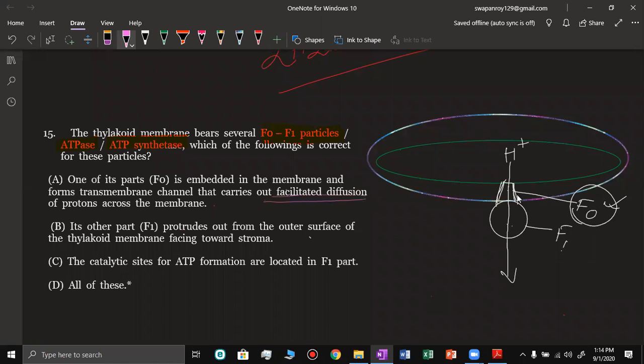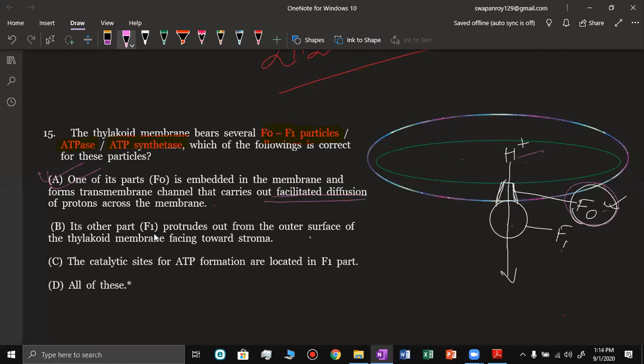In facilitated diffusion, some proteins or other substances help to move the substance across a membrane. So this F0 portion is helping to diffuse the protons from the lumen to the stroma. This is correct.